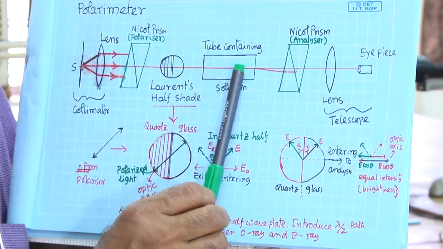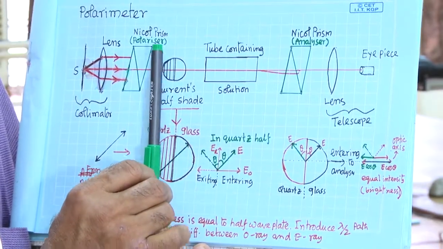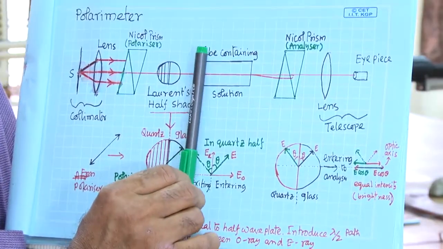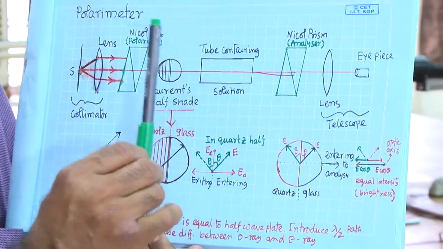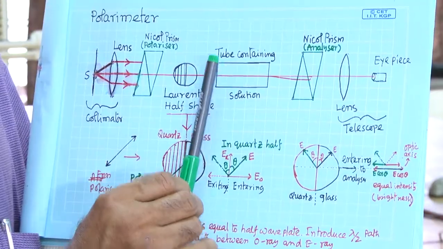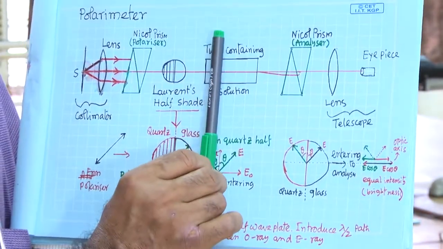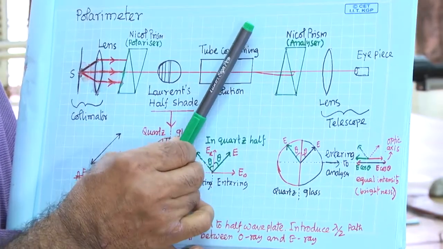Whatever the angle of the plane polarized light was, due to passing through the solution of the optically active solute, the electric component will rotate.